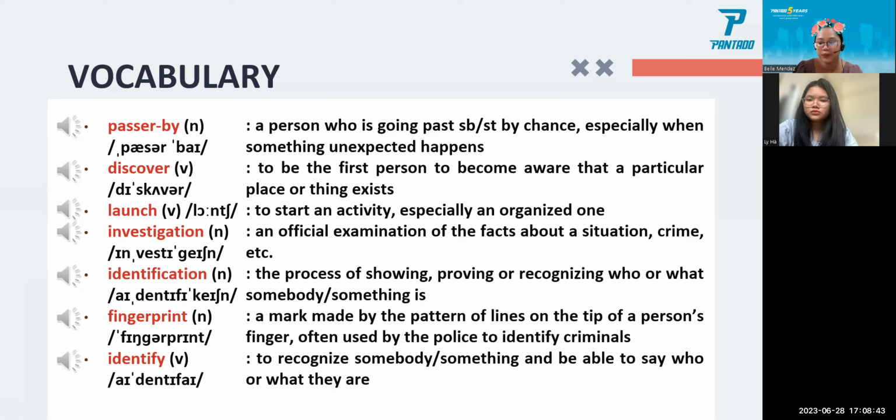For example, you are in the airport, and your sister is coming home. She has been abroad for over 20 years, but you still identify your sister because you saw her face. So that is identify. You could recognize your sister and know who she is.